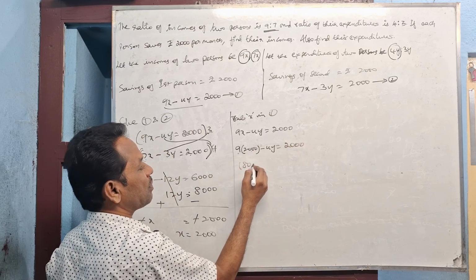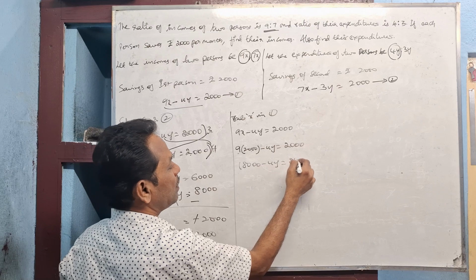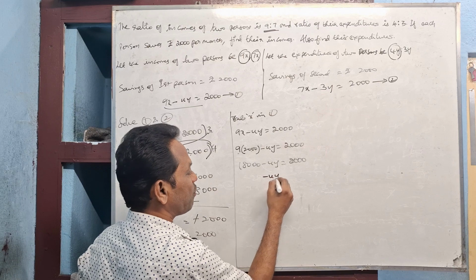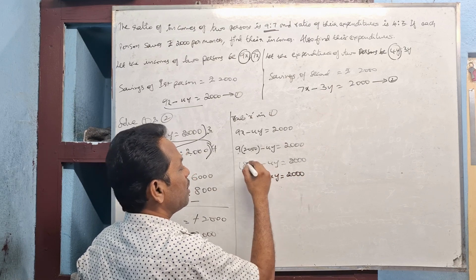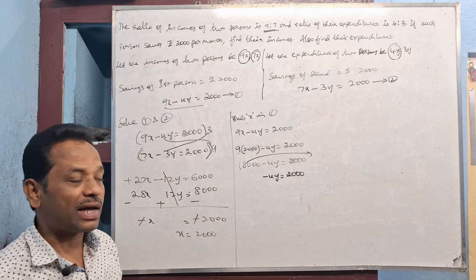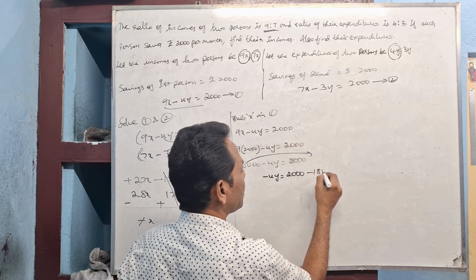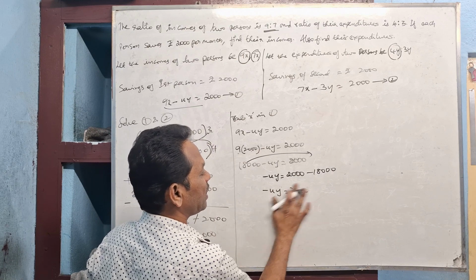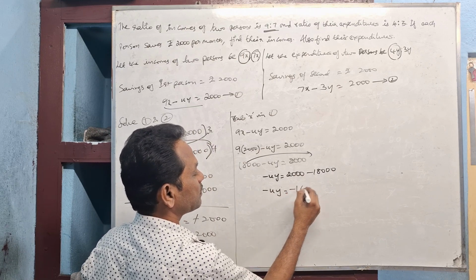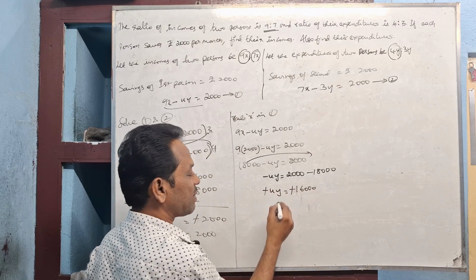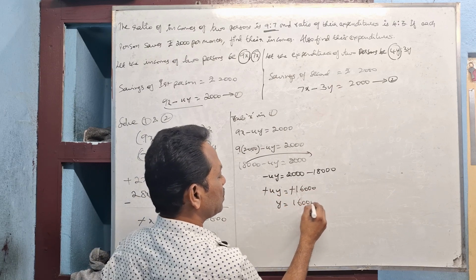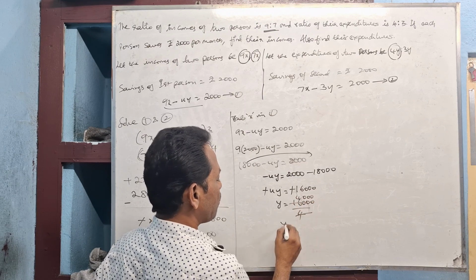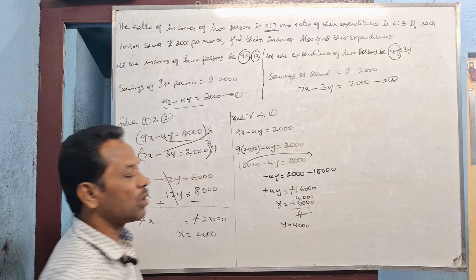How much do you get here? 18,000 minus 4y equal to 2000. Shifting 18,000 to the RHS, we get minus 4y equal to 2000 minus 18,000, which is minus 16,000. So minus cancels: y equal to 16,000 by 4, which is 4,000.